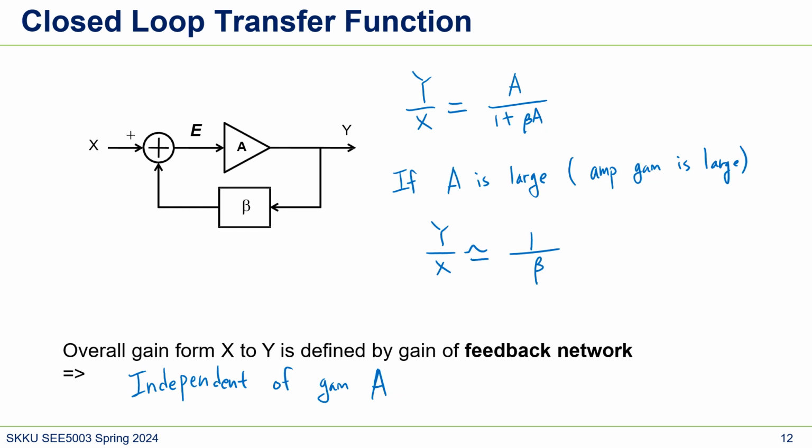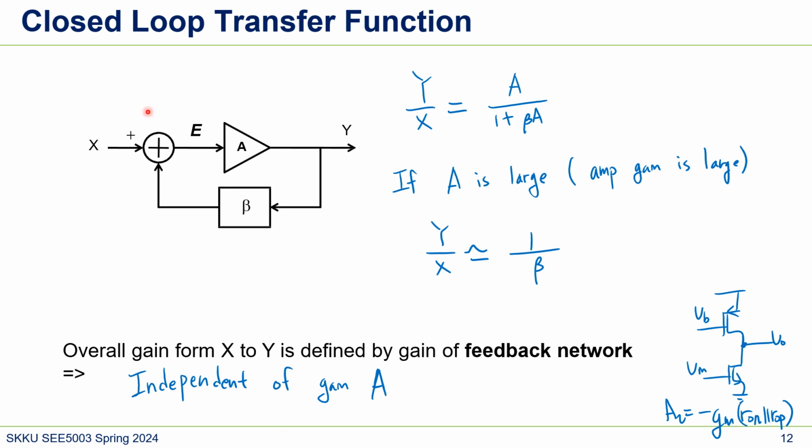Remember what we learned from the amplifier: let's say we have V in, V bias, and then V out, and this is PMOS. The gain is minus gm times (ro_N parallel ro_P), right? So this value is really hard to define exactly.